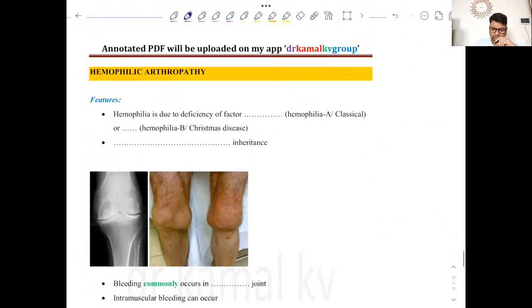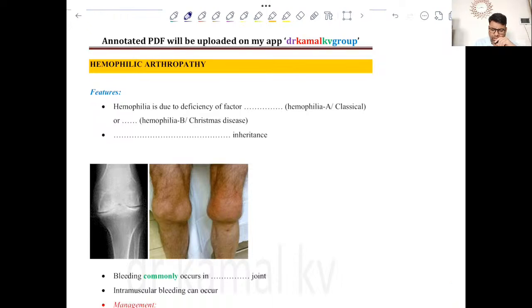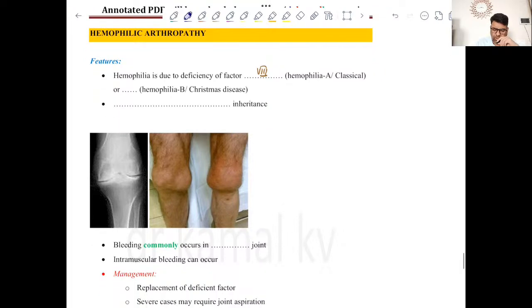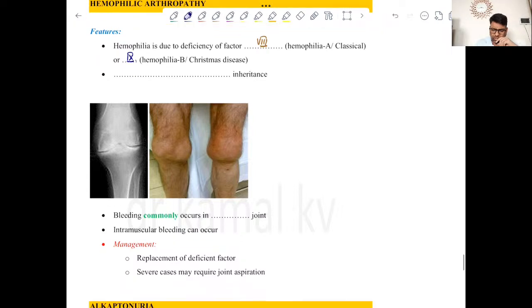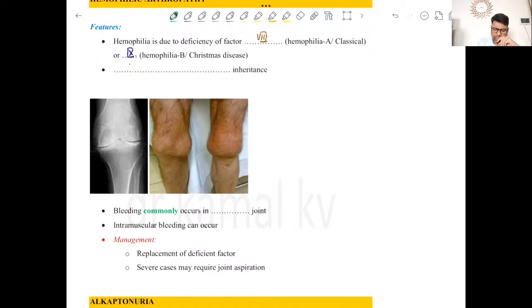Then moving forward to hemophilic arthropathy. Now hemophilia A is because of deficiency of factor 8, and hemophilia B is because of deficiency of factor 9. So this is in short about pathology. The inheritance is X-linked recessive, and therefore the males are affected.